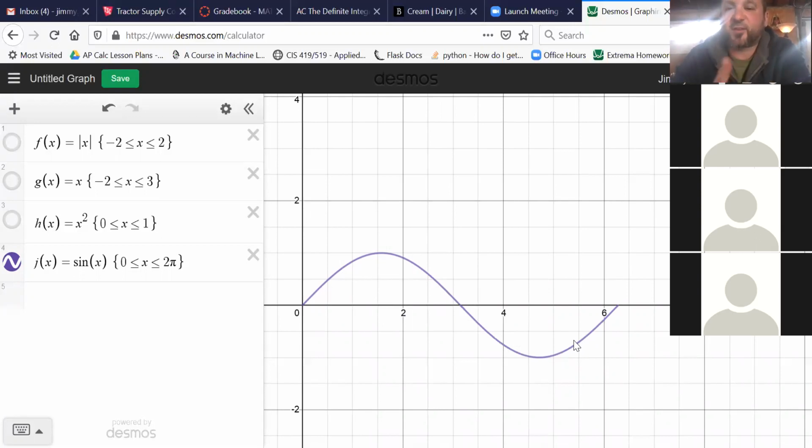So if this signed area thing is true, that this taking the antiderivative and all that stuff and then plugging these things in, if that all works, then when I take the integral of sine of x from 0 to 2 pi, it should be equal to 0. Think about that. The integral from 0 to 2 pi, this is 2 pi all the way over here, of this function should be 0, because that's what the integral gives us.